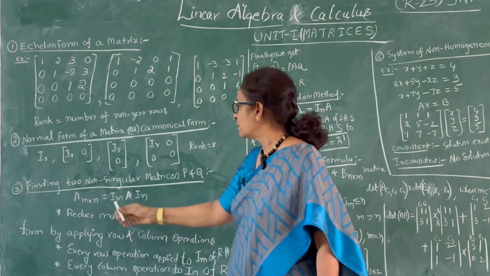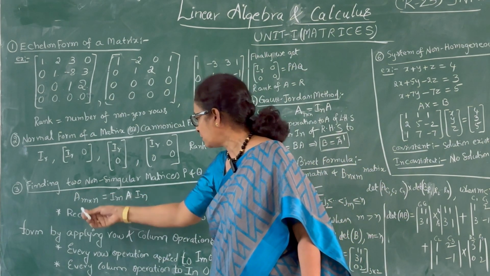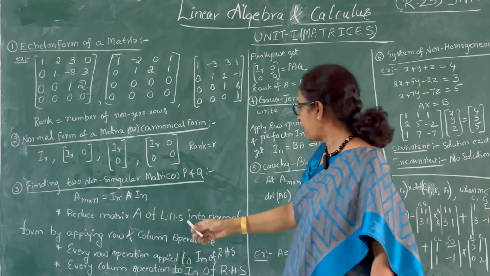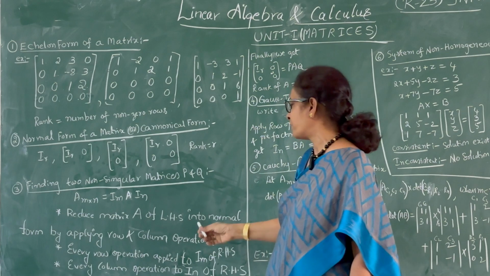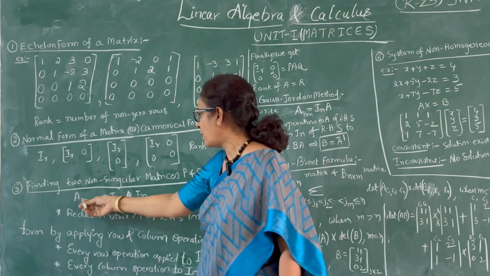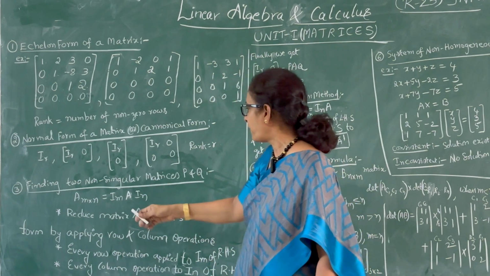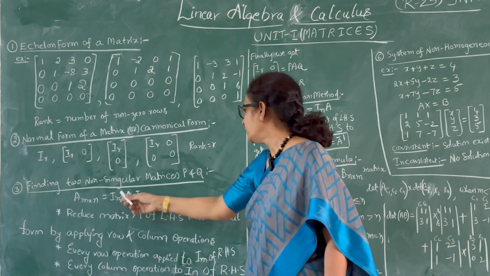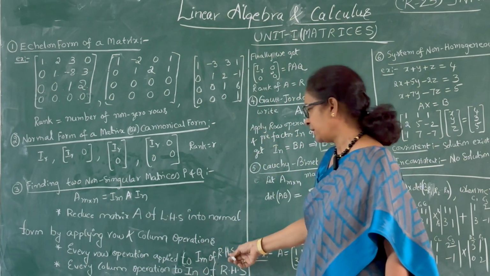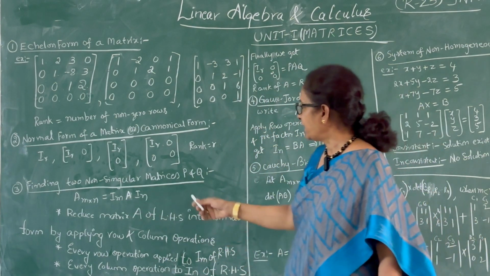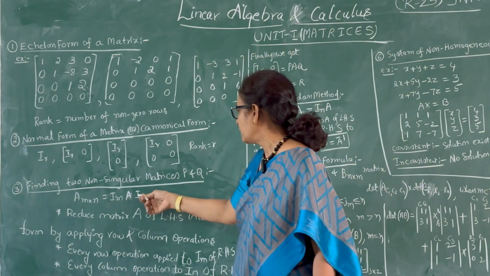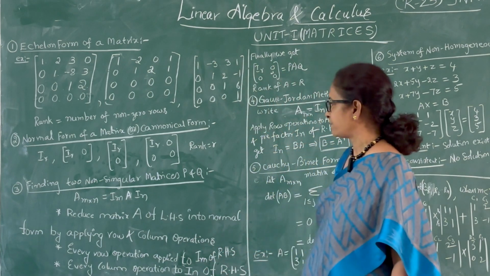Our aim is to reduce this matrix into a normal form by applying row and column operations. If we apply a row operation, we have to apply that operation to I_m, the prefactor of A on the RHS, and every column operation to I_n, the postfactor of A on the RHS.